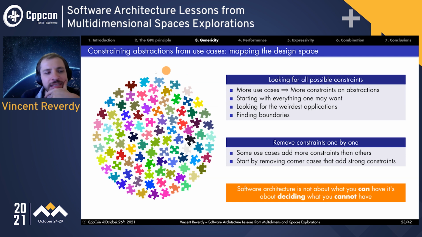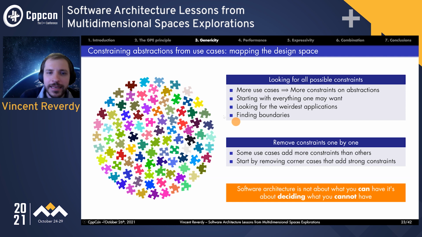So in order to be able to design the right abstraction, the way to do it is to start with all the use cases you can think about, because every single one of these use cases will put more and more constraints on your abstraction. For example, if one use case of multidimensional arrays is linear algebra and the other is adaptive mesh refinement for physics, trying to do both at the same time will put high constraints on what is doable in the code and what is not doable in the abstraction.